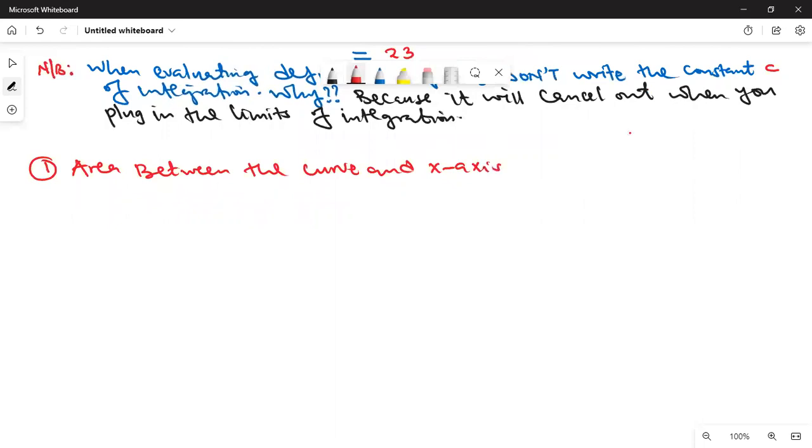So we are going to consider, of course, let me draw a diagram to illustrate that concept. We have a curve, any curve. Let's say we have something like this. This is the x-axis. This is the y-axis. And so let's say we have a curve like this, or something like this.